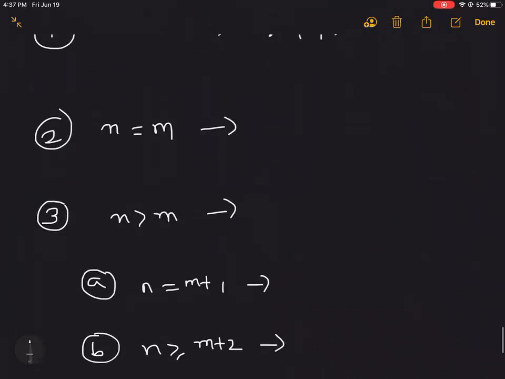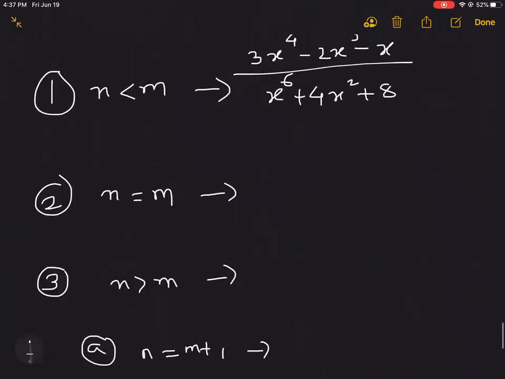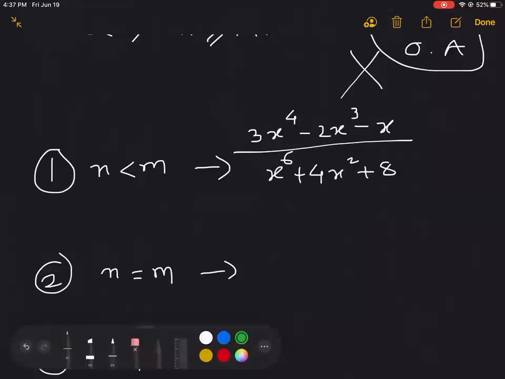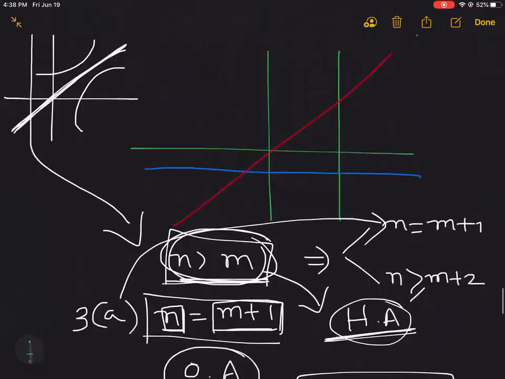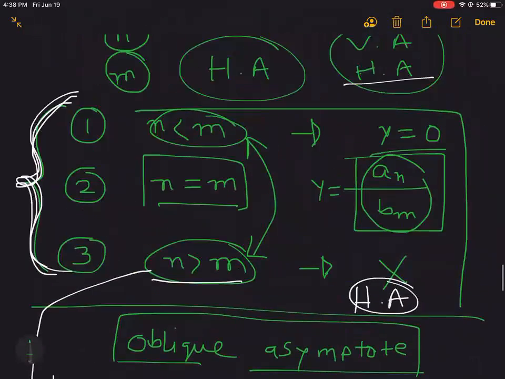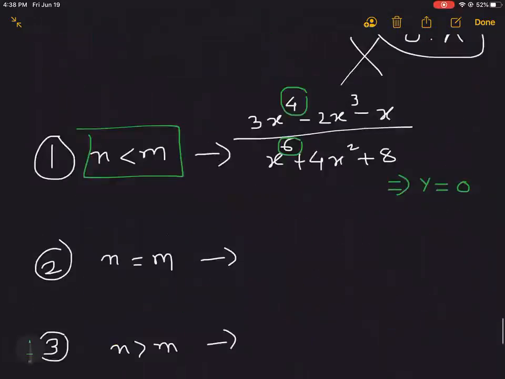Can you see that? So as far as I can see, the degree of the numerator is 4. The degree of the denominator is 6. So it's definitely this one, right? So we can straight away say y equals 0. As you can see it here. Y equals 0 is the horizontal asymptote.